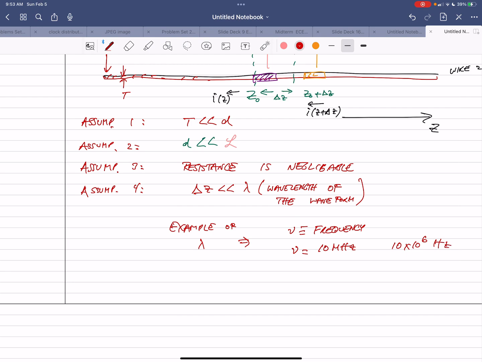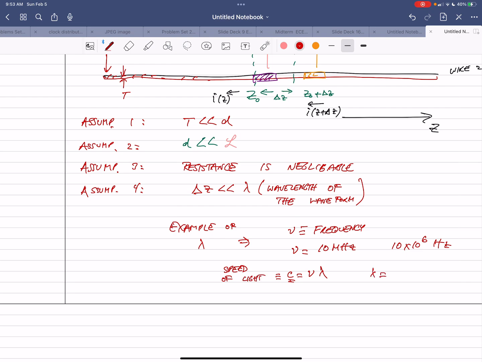The equation in free space is C equals the frequency times lambda, where C is the speed of light in your transmission line.